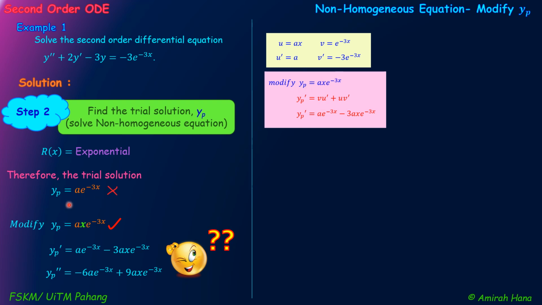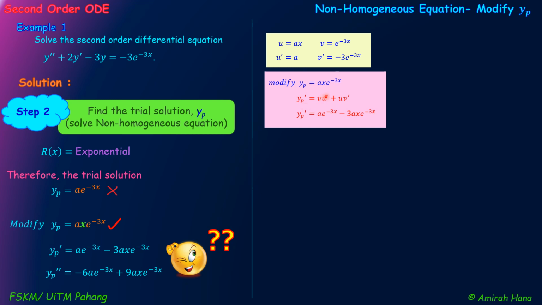Okay, remember we do not use the old yp anymore, right? Okay, so using product rule, our u equals ax and v equals e to the power of negative 3x. Then we find u prime, differentiate ax, we got a, and from v, we find v prime, differentiate e to the power of negative 3x, we got negative 3e to the power of negative 3x. Okay.